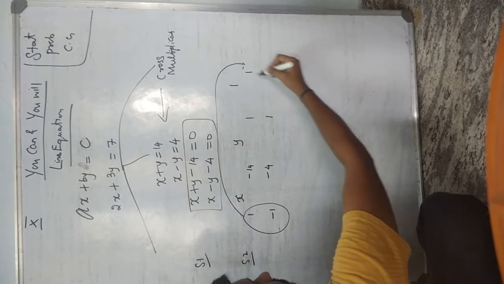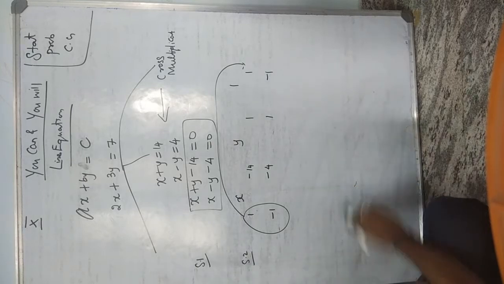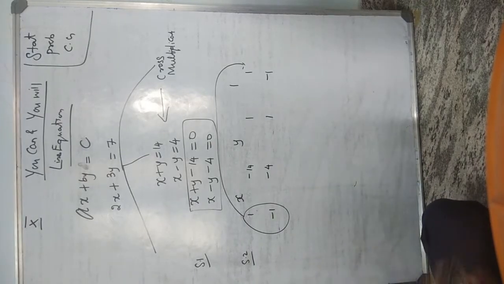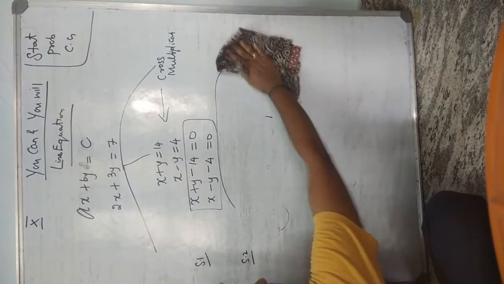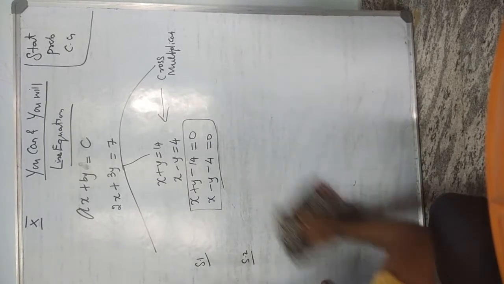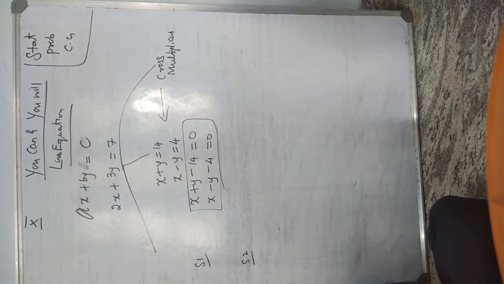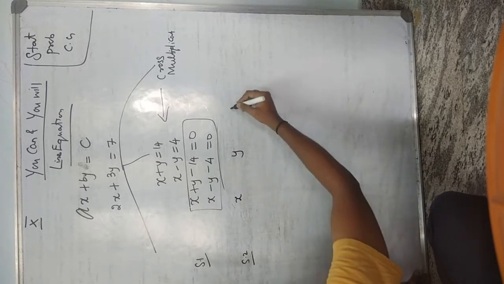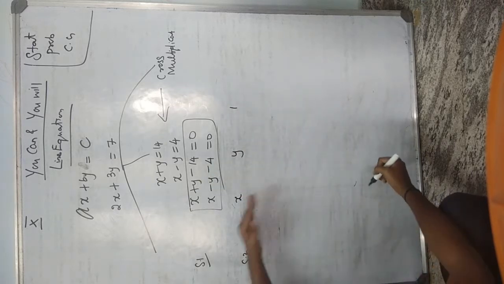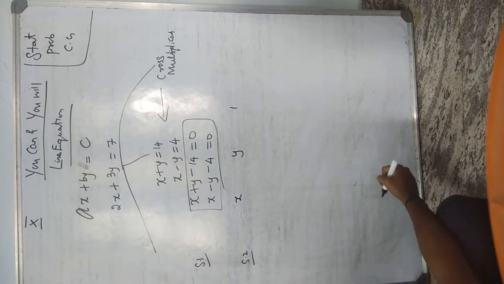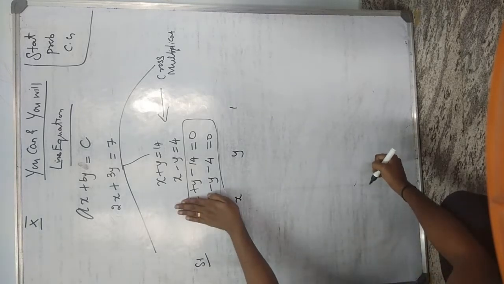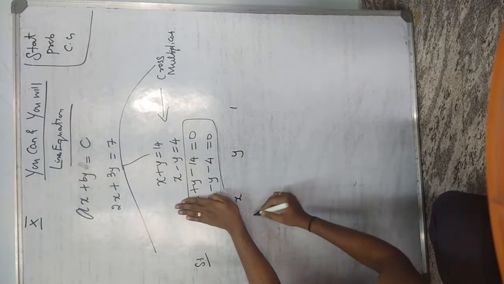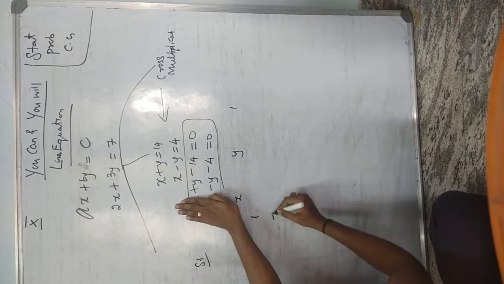For all the sums, I repeat, I'll wipe out, I'll teach you again for the cross multiplication method. See the video carefully. For the cross multiplication method, x, y, 1 for all the sums. Under the x, y and 1, you have to write numbers. Just close the x. Coefficient of y is 1 and here minus 1.